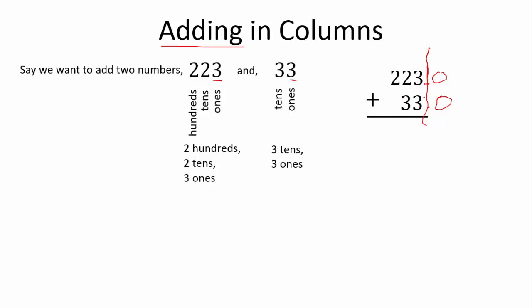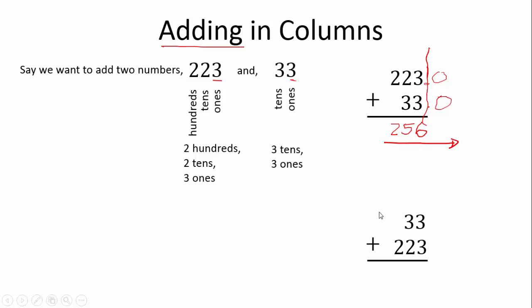So let's add the ones. That's 3 plus 3. We know that is equal to 6 ones, right? 2 plus 3. We know that is equal to 5 tens. And then 200 plus 0. We know that is equal to 2 hundreds. So we get an answer of 256, and that works well. Now, it's also nice to know in adding columns that this is exactly the same as this.